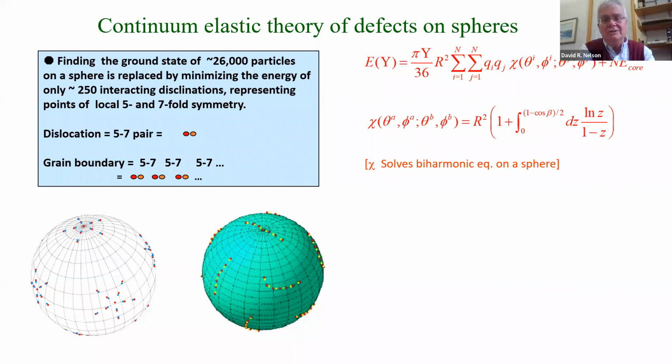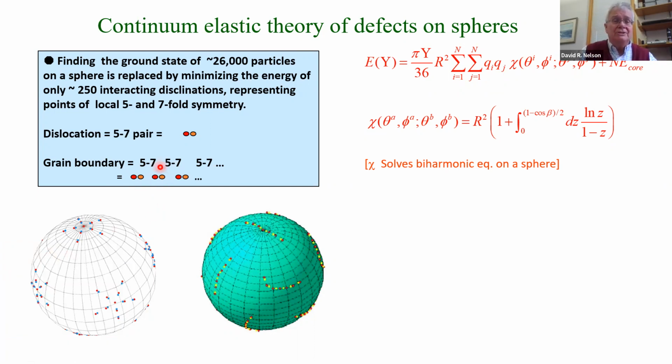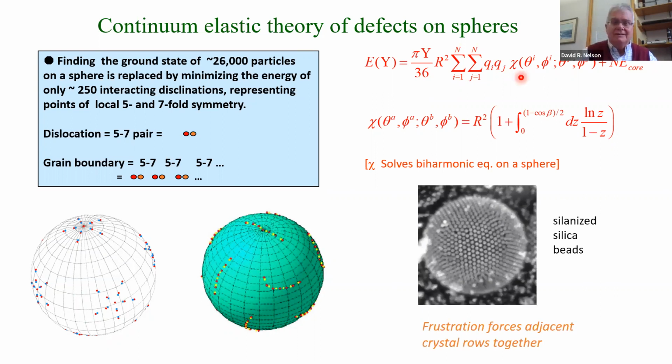This is an interaction between these disclination defects. Many of you know that there's a 5-7 disclination pair that represents a dislocation in this way of thinking about things. And solutions of the biharmonic equation of elasticity on a sphere lead you to this set of interacting charges. That does seem to describe fairly well what happens on spherical colloidal assemblies as the geometrical frustration forces adjacent crystal rows along lines of longitude together.